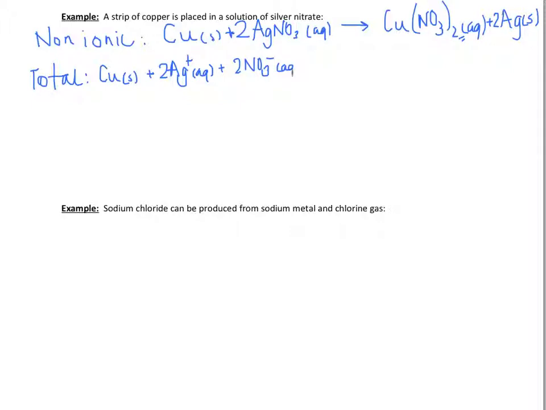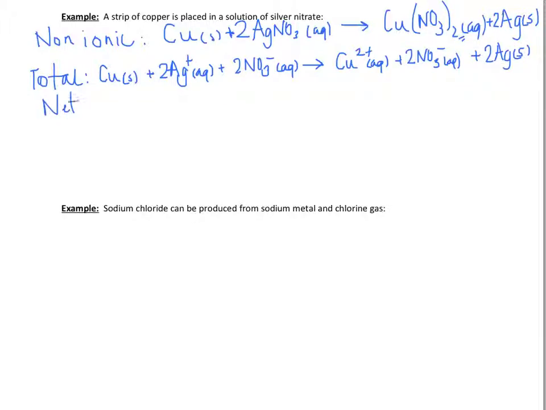So notice that the coefficient is multiplied throughout to give us Cu2+ aqueous, since copper nitrate is ionic, and 2 NO3-. So notice that any of the subscripts that we put there to balance it, so we put the 2 there to balance it, comes out in front. The 3 on the NO3 stays because that's part of the original formula, plus 2 Ag solid.